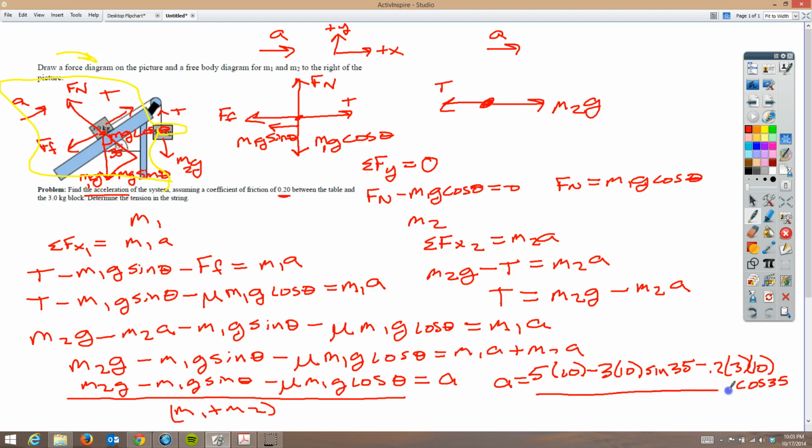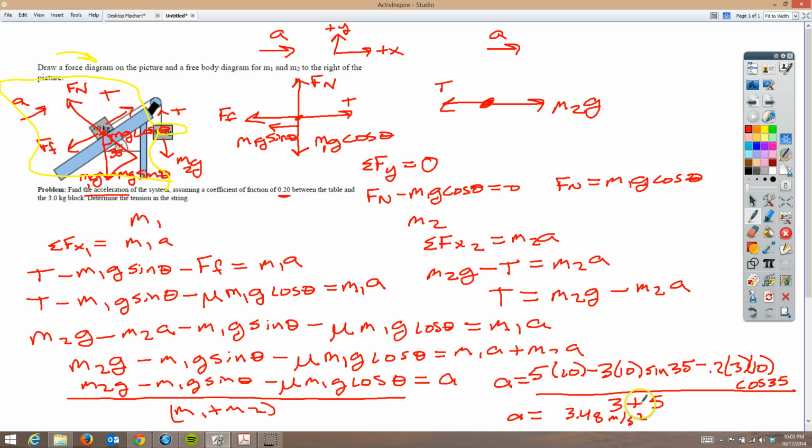That whole thing is divided by m1, which is 3, plus m2, which is 5. So if you do all that math, you'll end up with an acceleration equal to 3.48 meters per second squared.